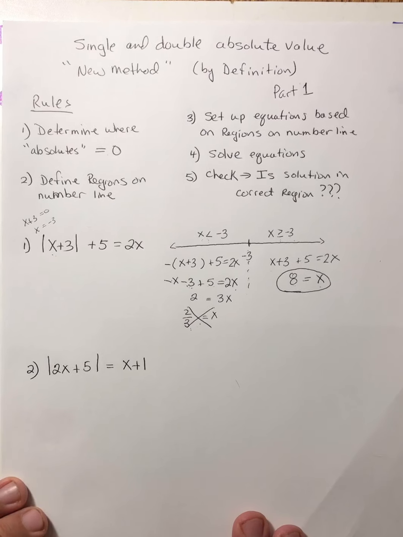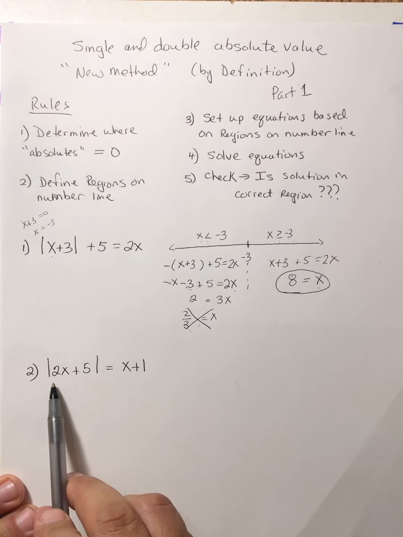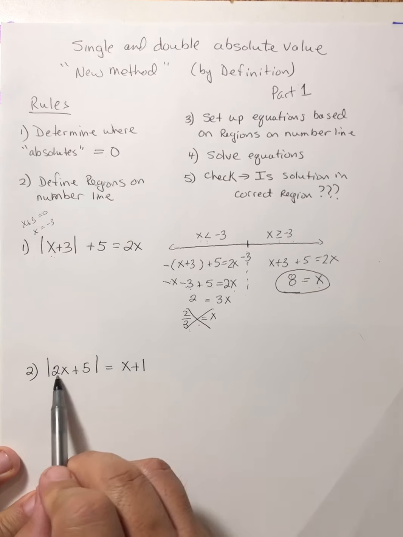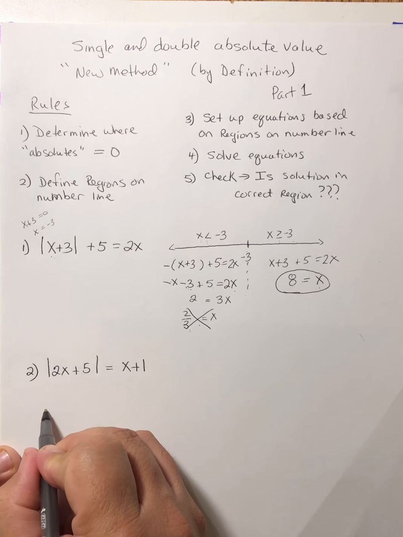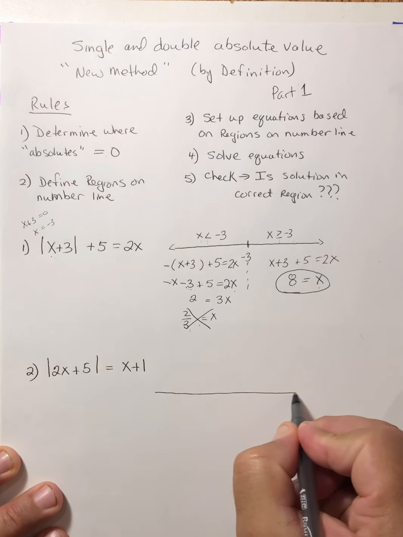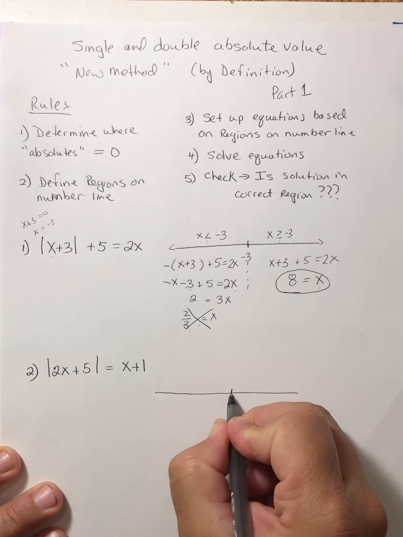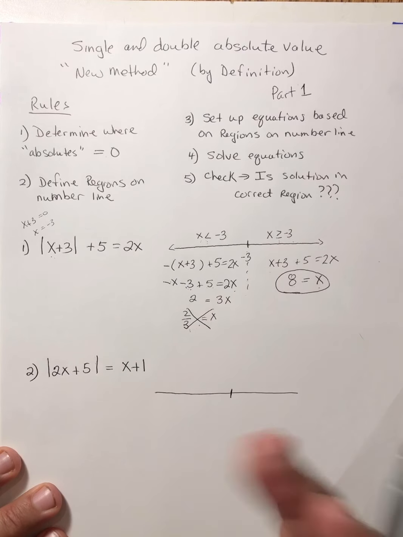All right, now we're on number 2. So I'm going to start by establishing my number line. There's only one absolute value, so I have a left and a right side.